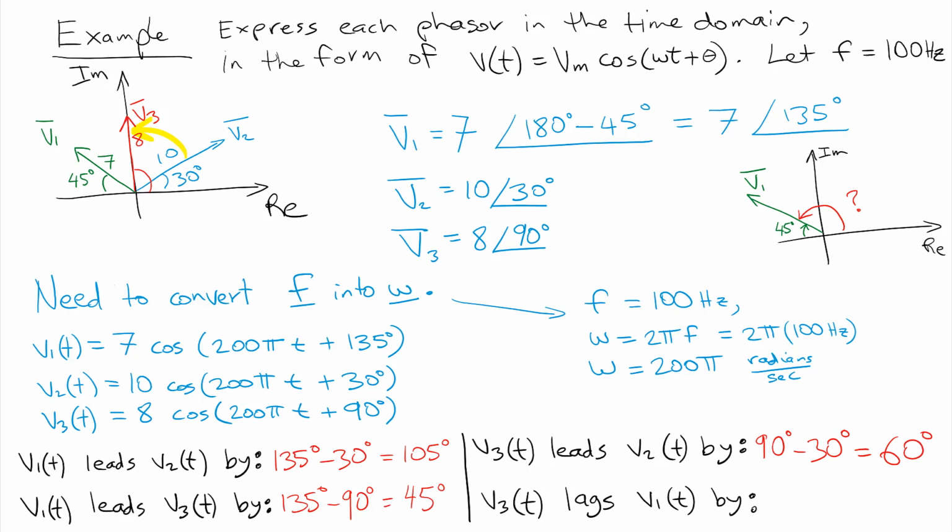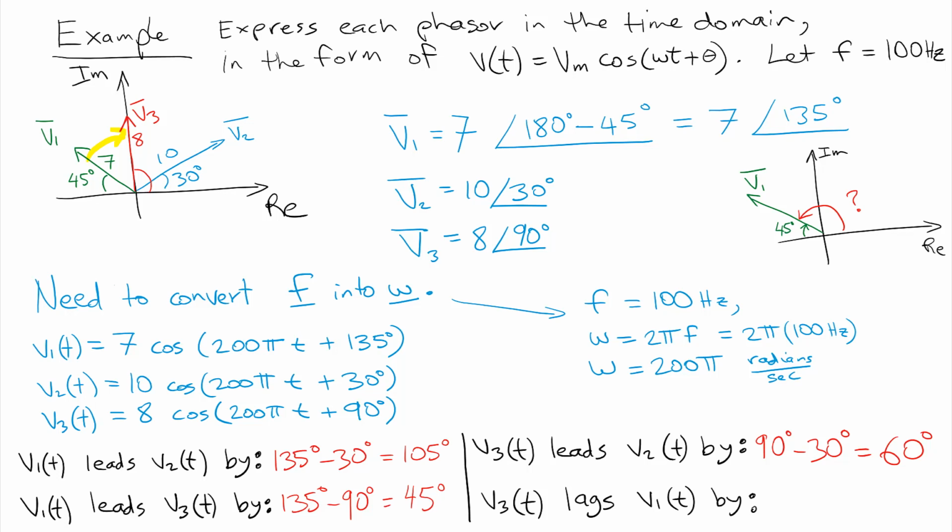Okay, and then let's do the last one. How much does V3 lag V1 by? V3 is in red, and it's lagging V1. For this one, because it's lagging, we're going in the opposite direction, so we're going clockwise. That's the angle that we're looking at.